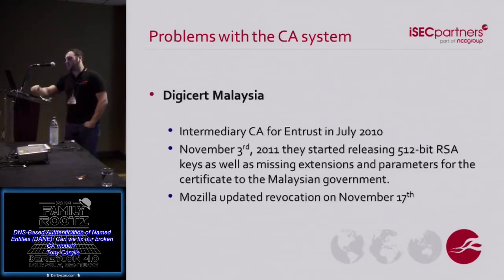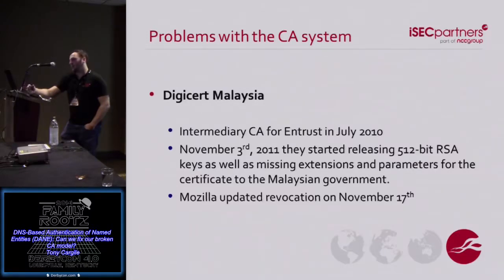So another example, DigiCert Malaysia, not to be confused with DigiCert USA, two separate companies. DigiCert Malaysia was an intermediary CA for Entrust. So basically Entrust gave them a certificate that let them sign whoever they wanted. In July 2010. In November of 2011, they started just releasing bad certificates, just poor management skills.